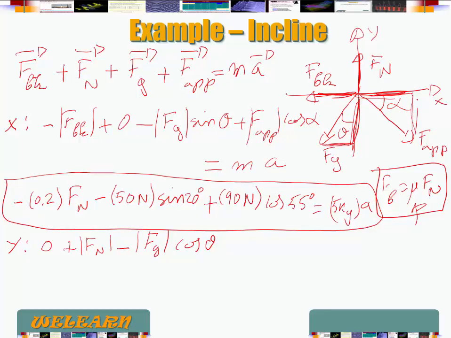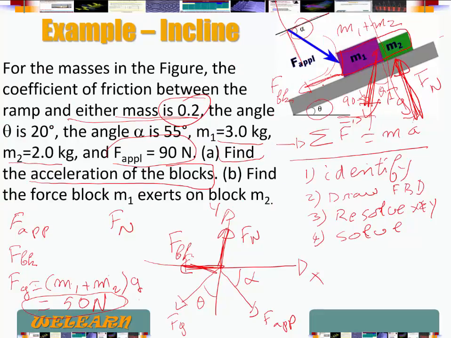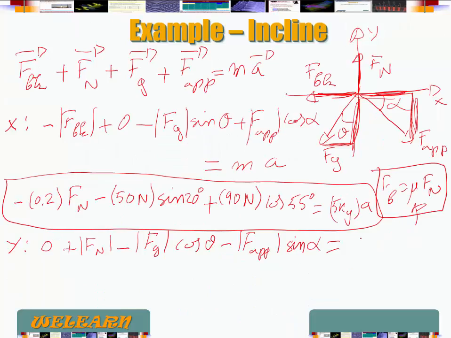And the applied force is going to be again negative, but this component, which is minus Fap sine of alpha. And that's equal to, we are not going to have any acceleration along the y, since our mass is going to just move along the incline. So that's going to be equal to 0.